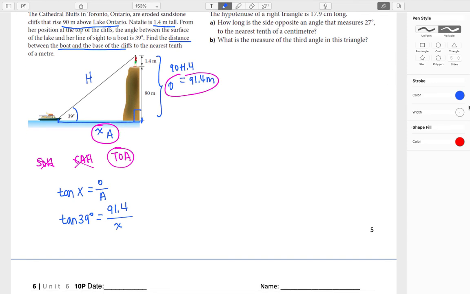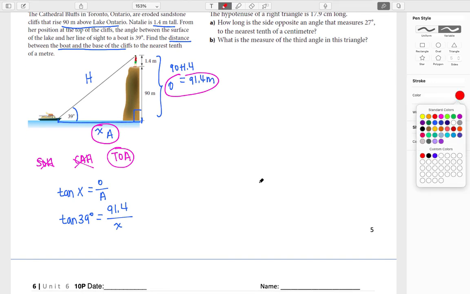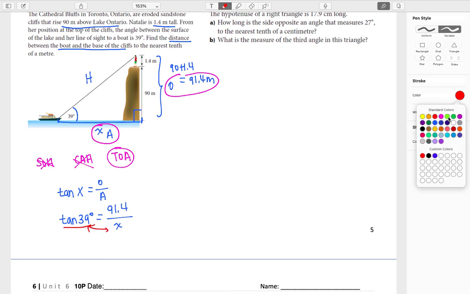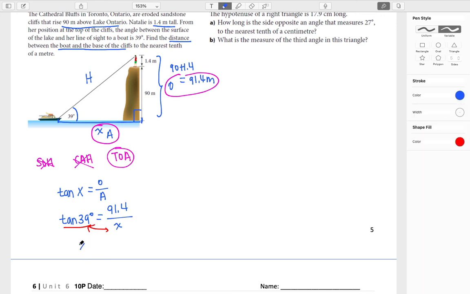So again, same thing. If we're looking for a variable in the denominator, all we need to do is just switch places. So x is equal to 91.4 divided by tangent 39 degrees. Therefore, when you do 91.4 divide tangent 39, you will get 112.9 meter.